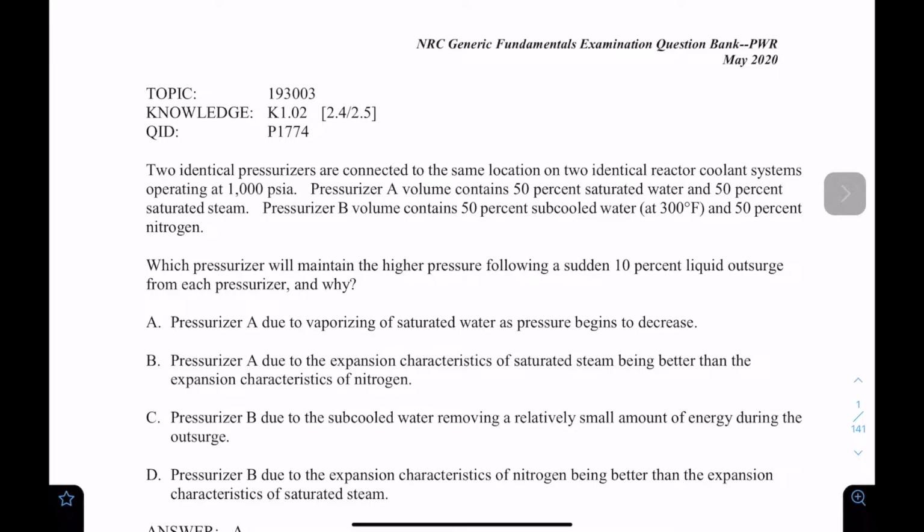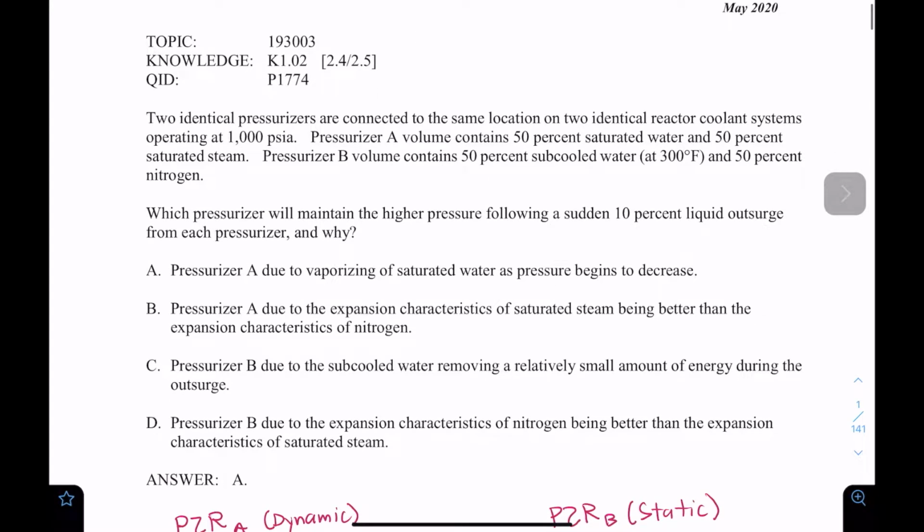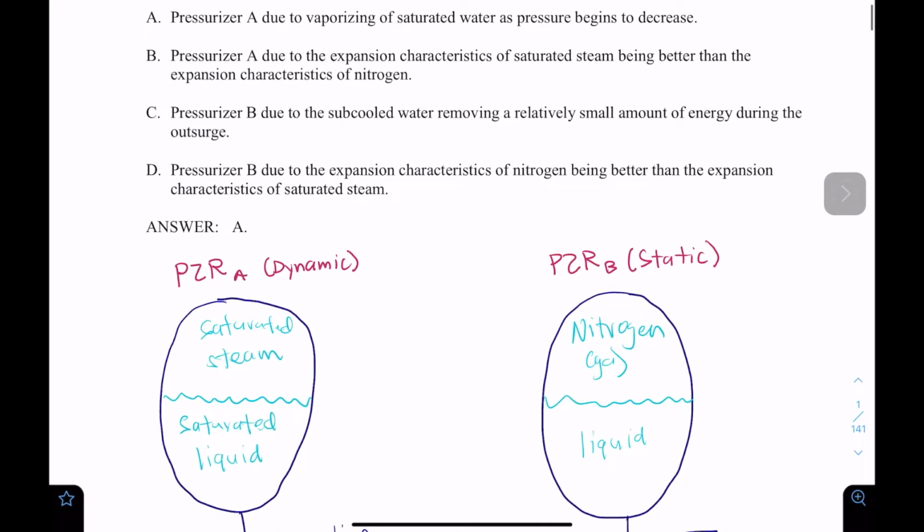So when we talk about this, we can have an outsurge in any of them, but since we're already talking about a pressurizer in our reactor cooling system, we are not going to have a pressurizer on a reactor cooling system that contains this nitrogen blanket, right? So we have here this dynamic pressurizer, and we're going to have this static pressurizer here.